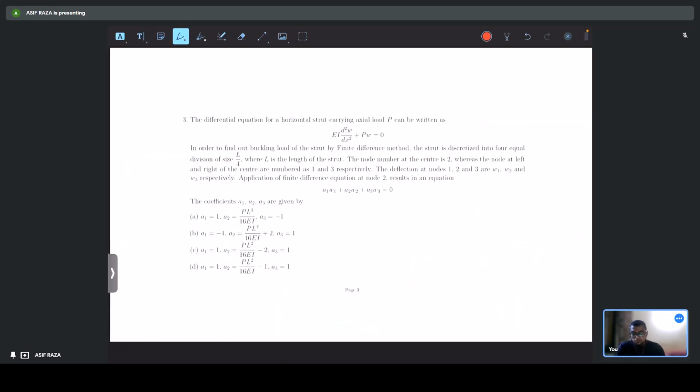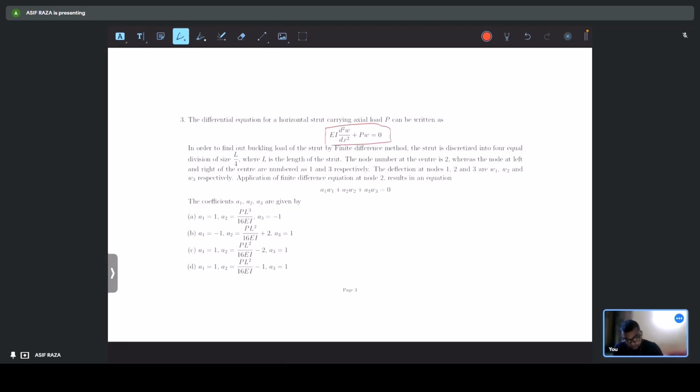The differential equation for a horizontal strut carrying axial load P can be written as this. In order to find out the buckling load of the strut by the finite difference method, the strut is discretized into 4 equal divisions of size L by 4, where L is the length of the strut.